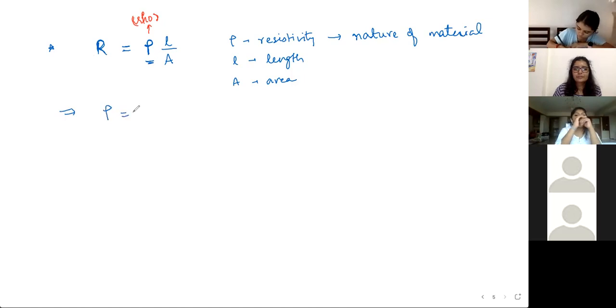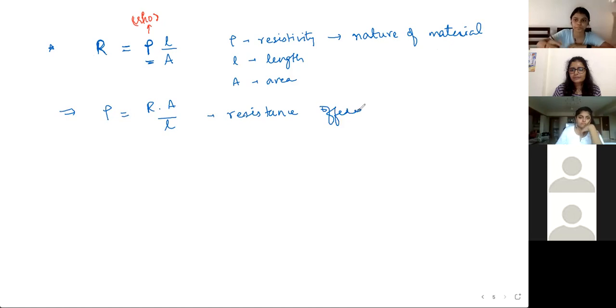So rho will be equal to R into A by L. Basically it's the resistance offered by a conductor which is 1 meter in length and 1 meter square in area.